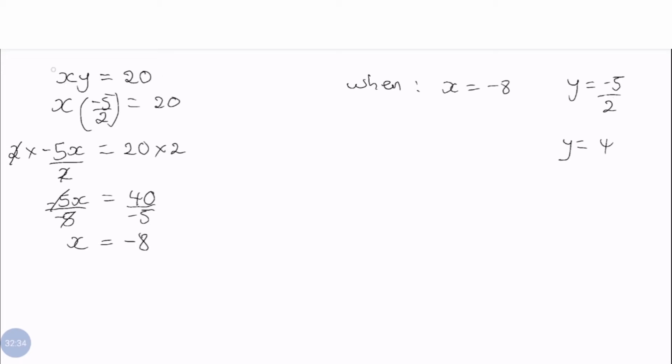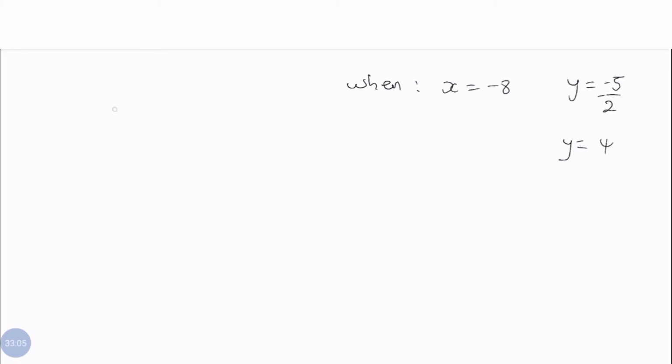Next, we will use equation 2 and substitute for when y is equal to 4. So let us do that. So equation 2 is xy equal to 20. Now let us substitute for y. x multiplied by 4 equal to 20.